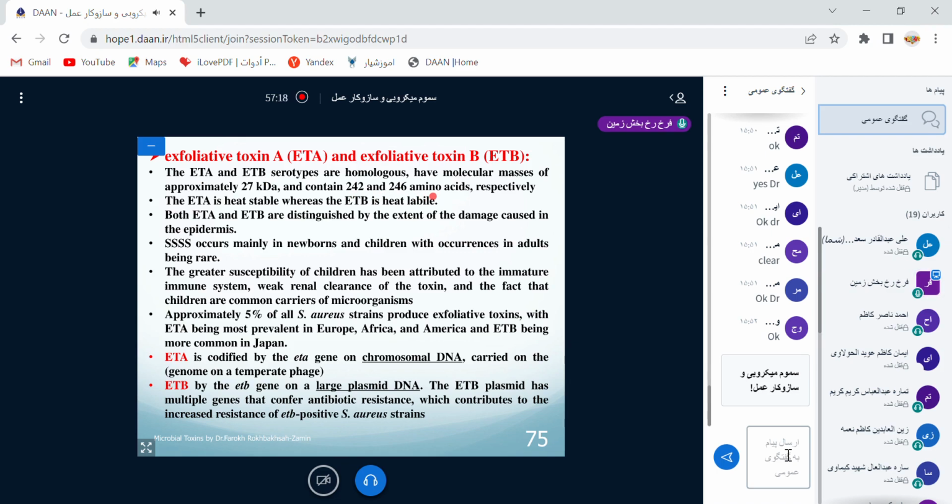They are proteins. These toxins are composed of amino acids.